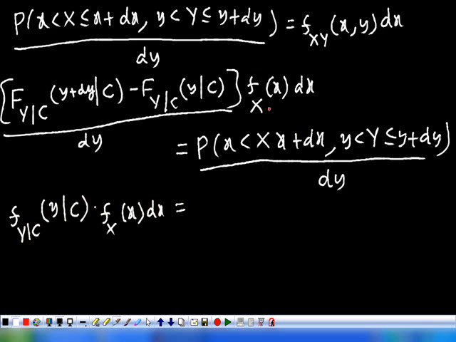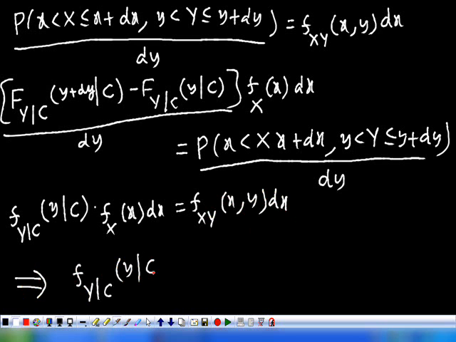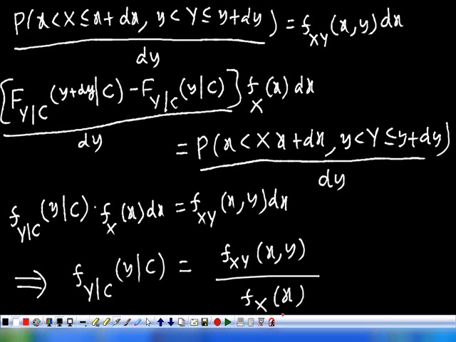This value can be written as Fxy of x, y dx. Is it right? So therefore, this implies Fy given C, y given C is equivalent to, see, dx gets cancelled and we have Fxy of x comma y over Fx of x. Is it right?